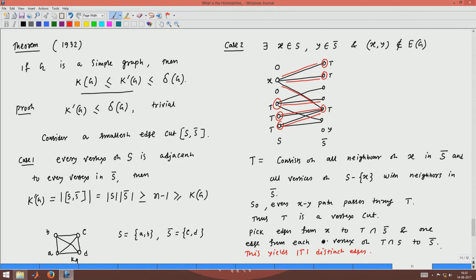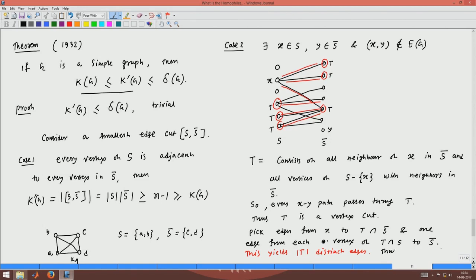But this set of t distinct edges can't disconnect x and y, but the set of t vertices can disconnect x and y.